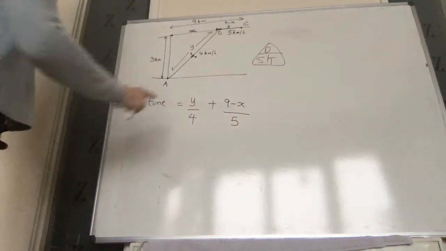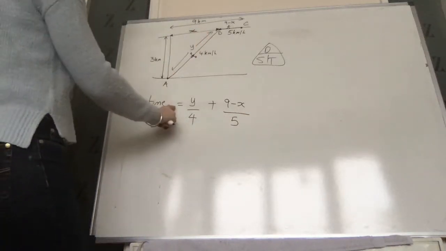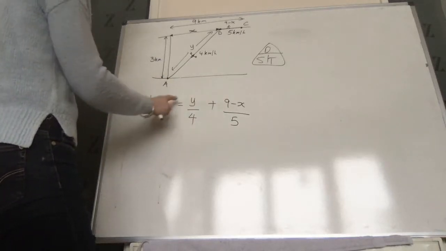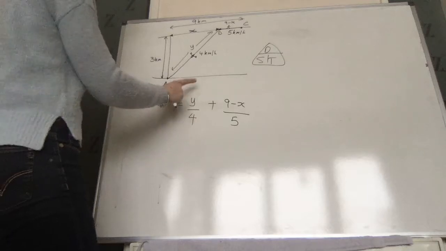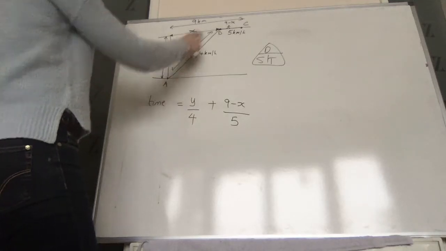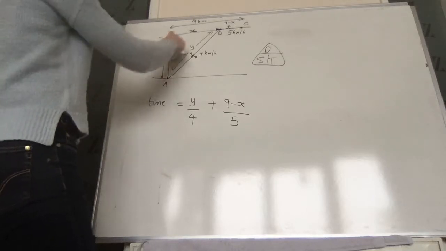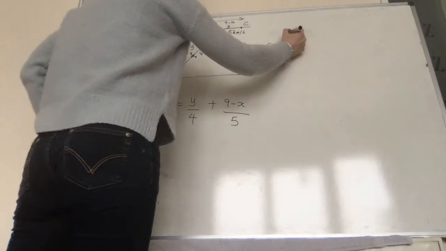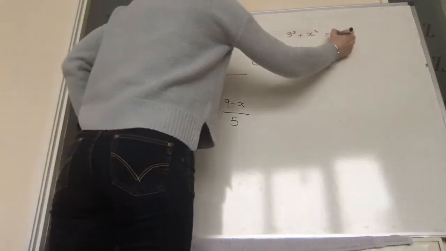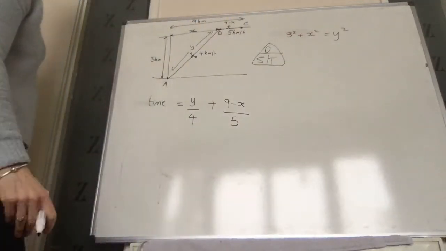Now y. This is no good at the moment because we have time in terms of 2 variables. We want time in terms of only 1 variable, so there must be a way of expressing y in terms of x. We have a 3 and an x, so 3 squared, one short side squared, plus the other short side squared is equal to the long side squared.